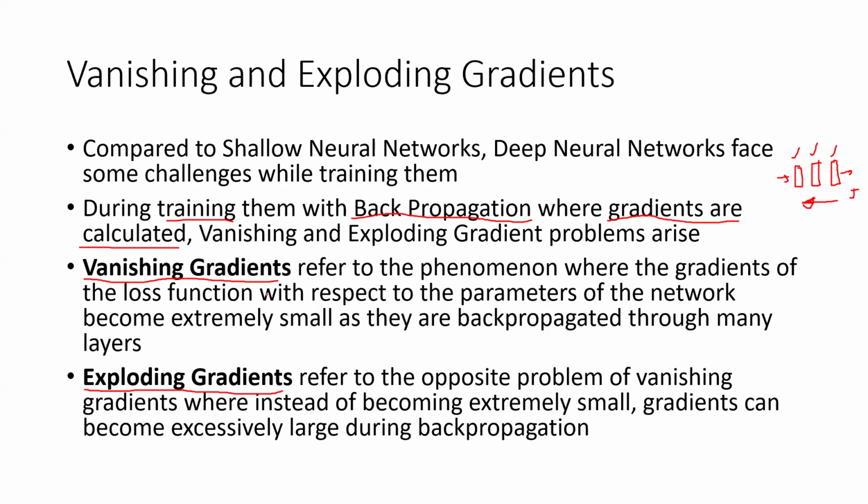So the vanishing gradient problem is about the gradients getting less and less as we move towards the inner layers, right? The gradients almost vanish, moving towards zero as we move inside the layers.